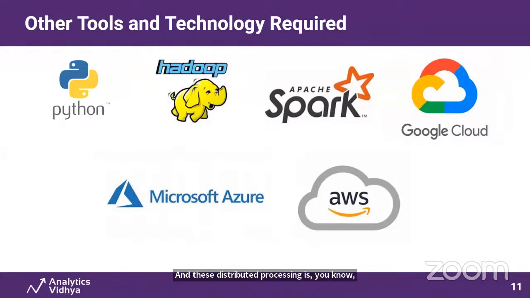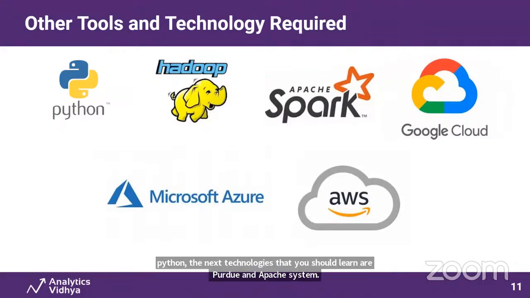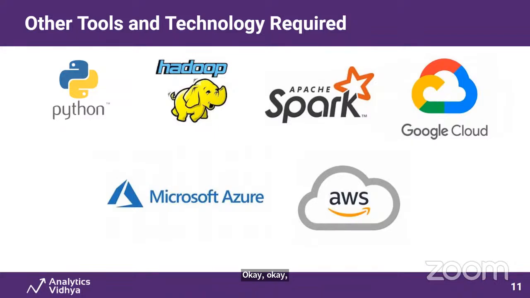Okay, so once you understand SQL, once you understand Python, the next technologies that you should learn are Hadoop and Apache Spark. So let's assume you started your journey in data engineering, and you now know a little bit of Hadoop, Spark, Python, SQL. Now the next thing for you is to move to cloud. Because nowadays companies prefer those people who have experience with cloud.